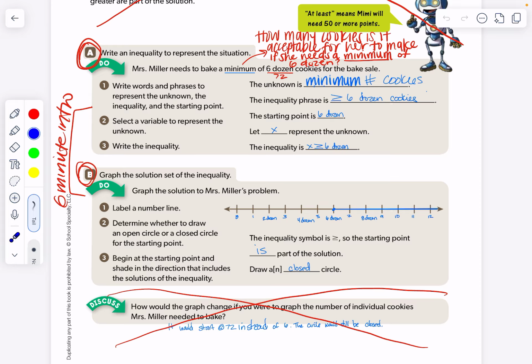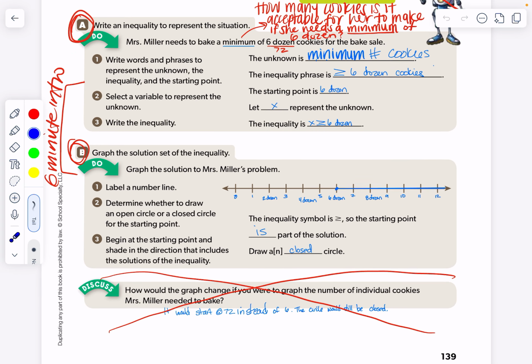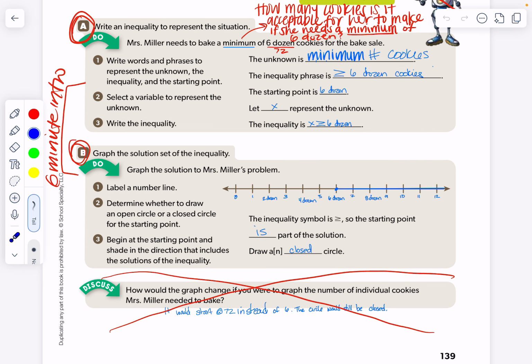And so our inequality would be x is greater than or equal to 6 dozen, right? She can bake 6 dozen. She can also bake more than 6 dozen. And so from there, we're going to go ahead and graph this inequality that we have written. So we said that she can bake 6 dozen or more than that.